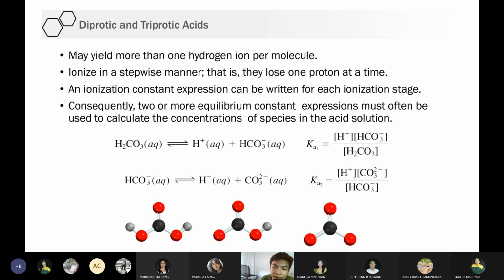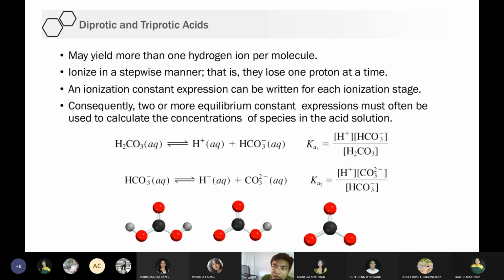However, there are other types of acids. We call them diprotic acids and triprotic acids. The limit is up to triprotic acids only. So what is their difference from the monoprotic acid? Since they have multiple H plus, they can produce more than one.